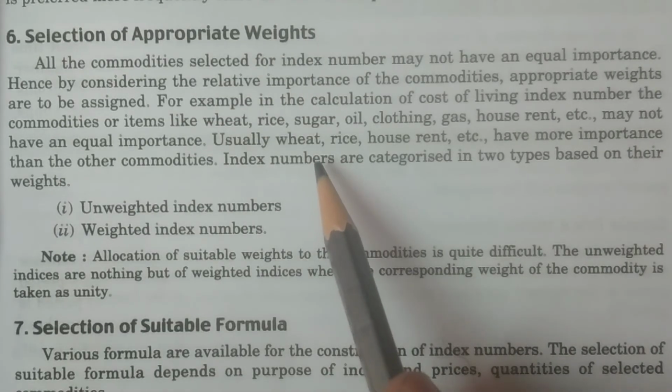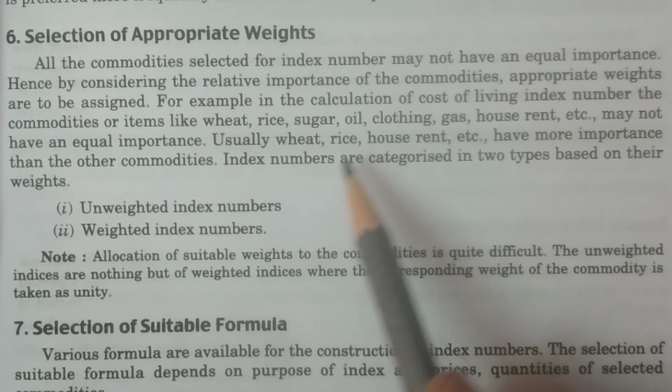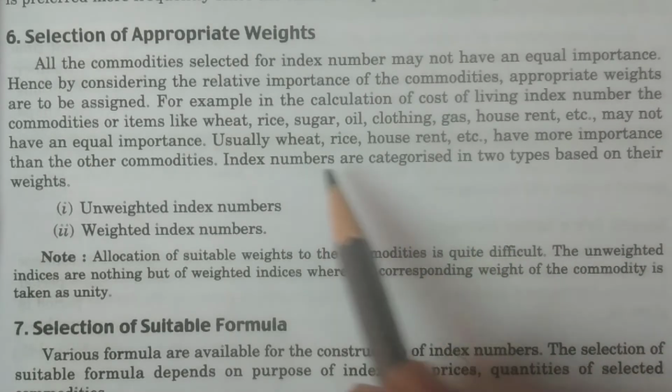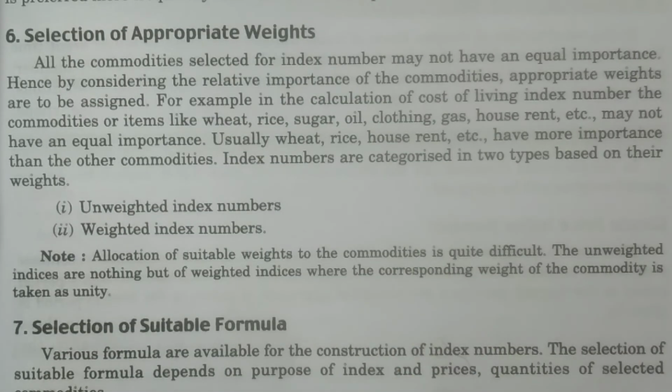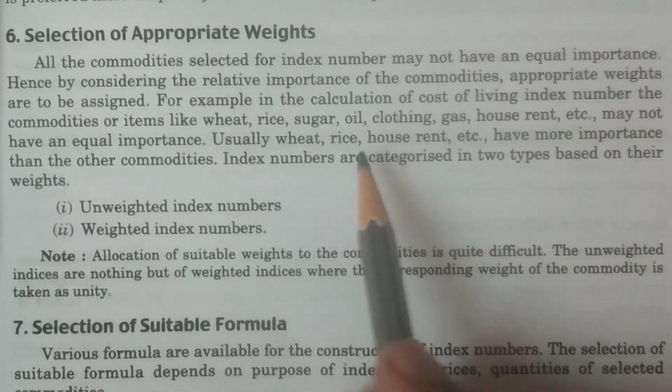Usually, we purchase wheat, rice and house rent. That is, we spend more on wheat, rice and house rent rather than the remaining commodities like sugar, pulses, oil, etc. Usually we spend less for those commodities and we spend more on wheat, rice, and so on.